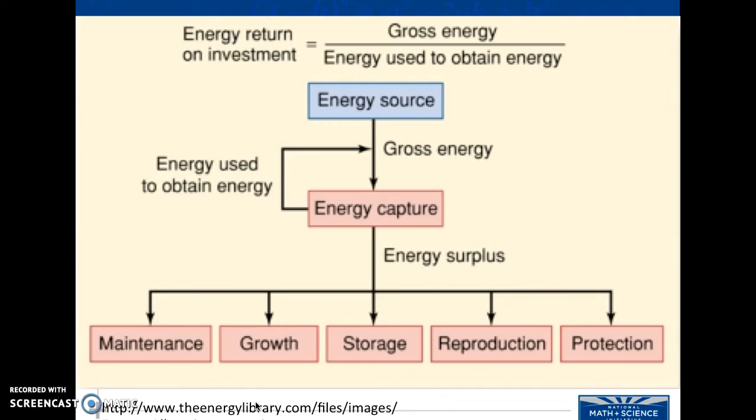We require a lot of energy to basically just maintain our health, grow, store food, reproduce, protect ourselves. And so we find that the return on investment, the amount of energy that we get back, kind of breaks even because we're investing so much energy in pursuing the things that we need.